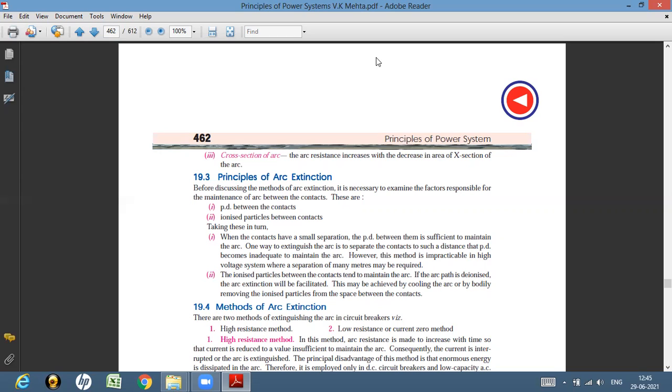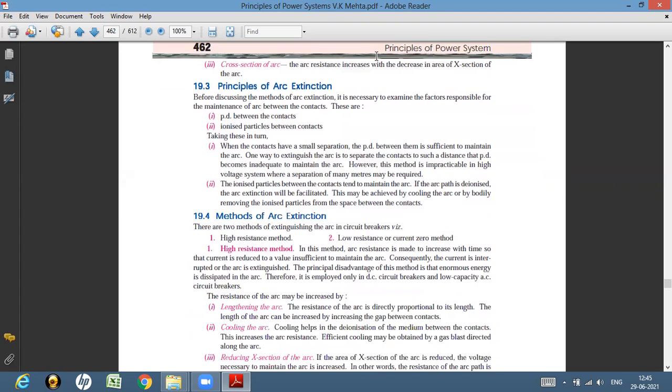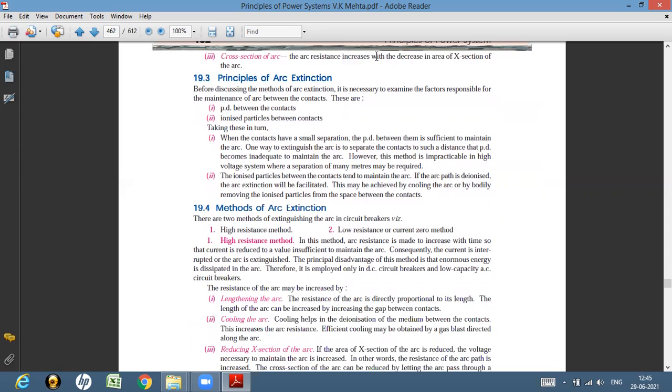With the high resistance method or the low resistance method, we can extinguish the arc in a very, very short span of time. So what happens in the high resistance method, as I already told you, is that you have to increase the resistance, and when the resistance is increased, your current is reduced, and when the current is reduced, the arc is extinguished.